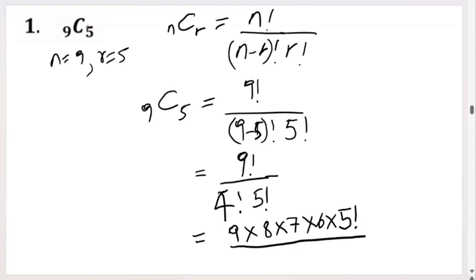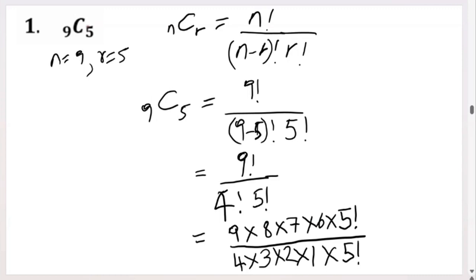Then for the denominator, the 5 factorial is taken care of by this. Let me write 4 factorial and break it down because it is a very few product. So I'm going to have 4 multiplied by 3 multiplied by 2 multiplied by 1, multiplied by 5 factorial.